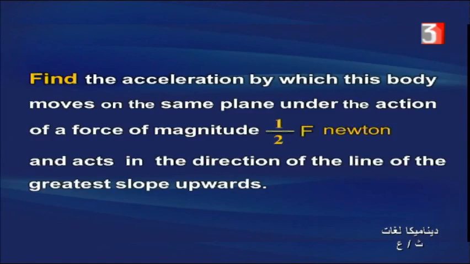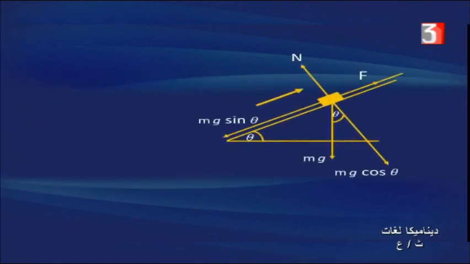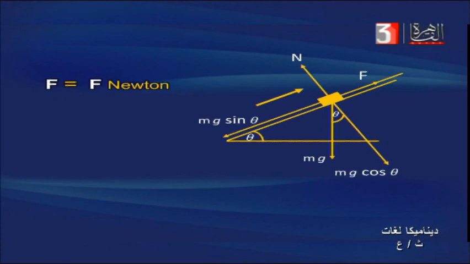Now we have two cases. A body of mass 30 kilogram placed on a smooth plane inclined to the horizontal with an angle of measure 30 degrees. The magnitude of the force acting on the body is F Newton, and its direction is in the same direction of the line of the greatest slope upward the plane.